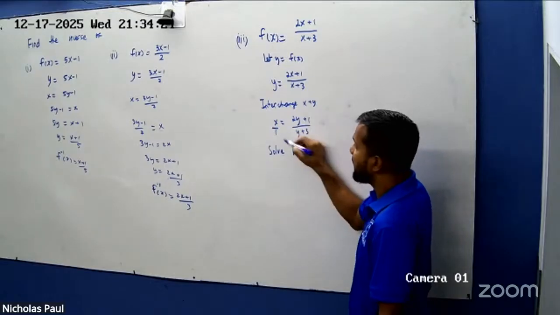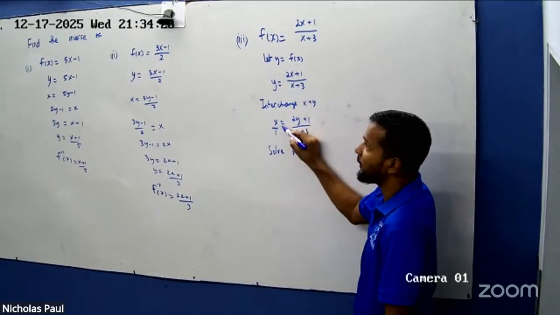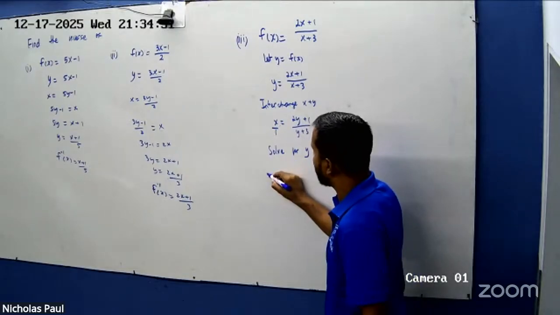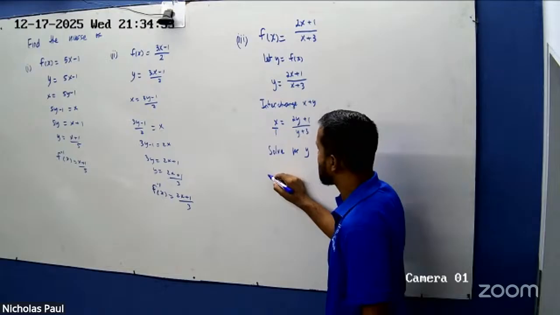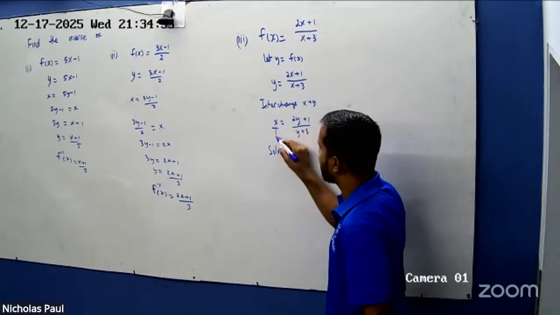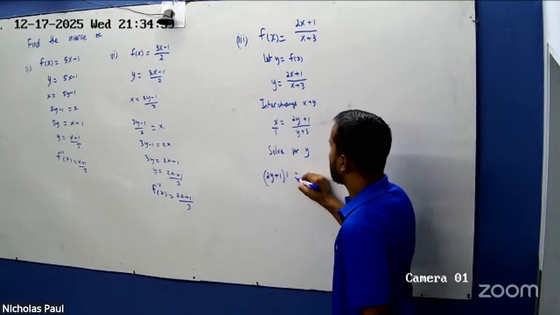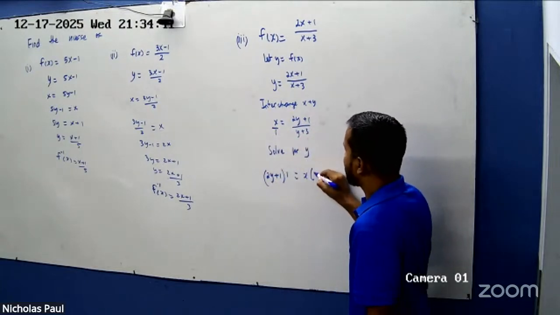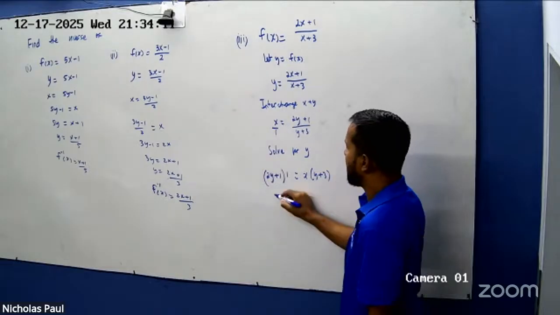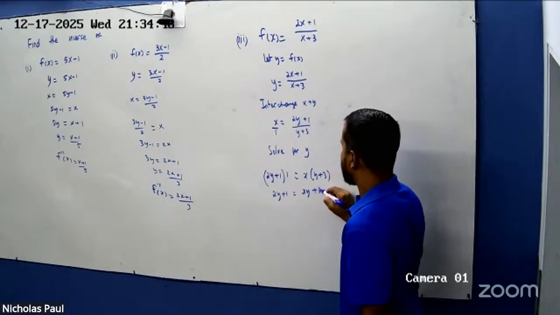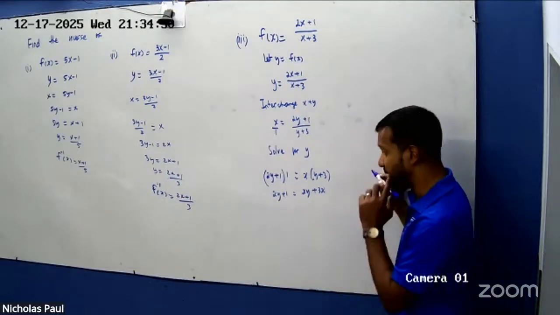When you reach here, two fractions with an equal sign, we're going to cross multiply. So I'm going to multiply 2y plus 1 by 1, and I'm going to multiply x by y plus 3. So here I'll get 2y plus 1, here I'll get xy plus 3x. But you see the big problem?